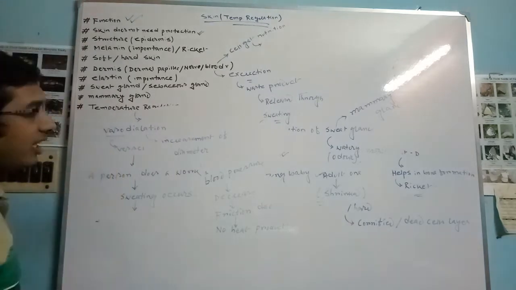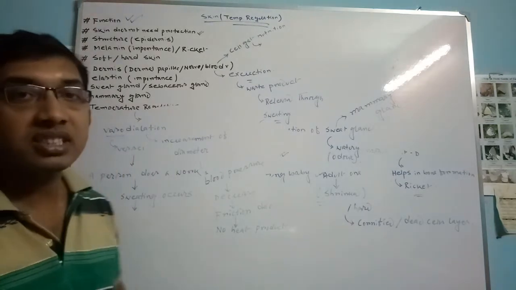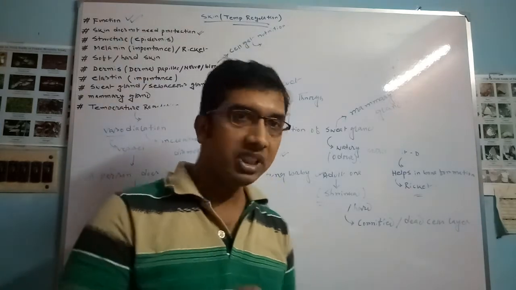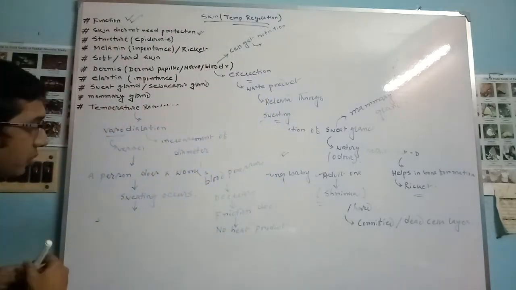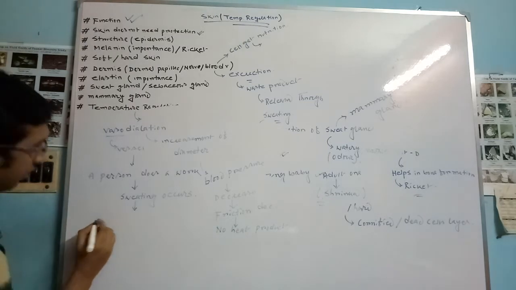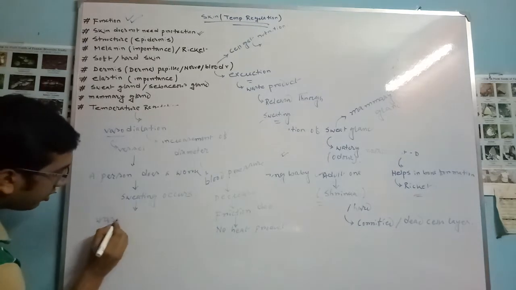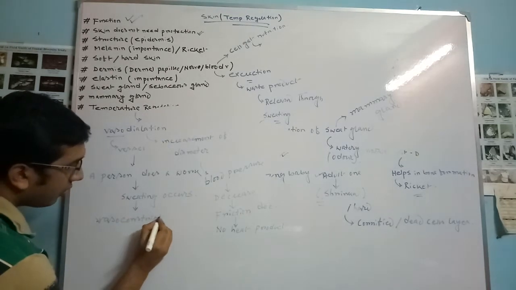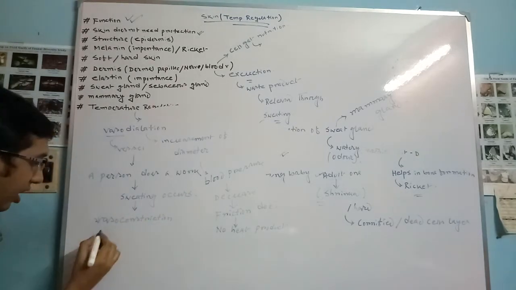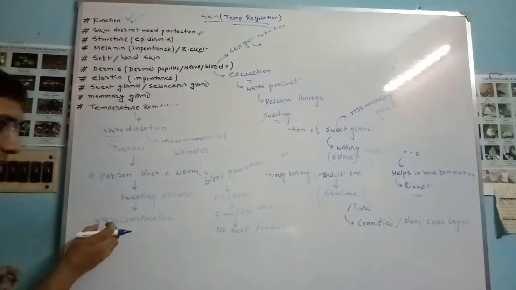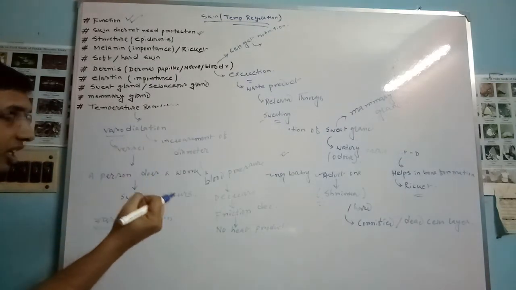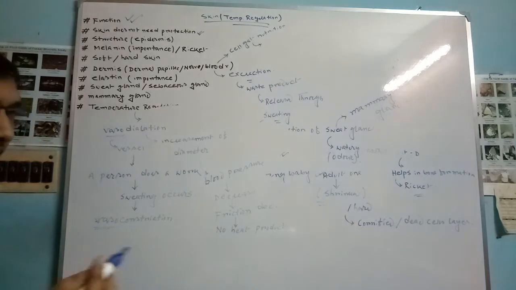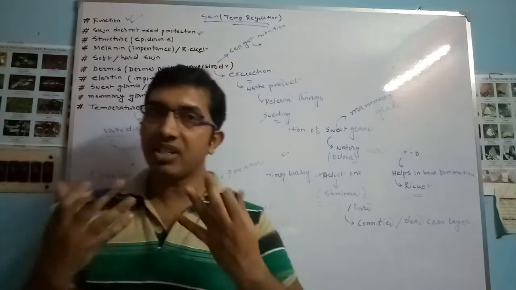Actually, vasodilation occurs during summer seasons. And in winter seasons, the opposite thing happens, that is called vasoconstriction. Vaso means vessel, and constriction means constricted, the diameter decreases. When the diameter decreases, blood pressure increases.